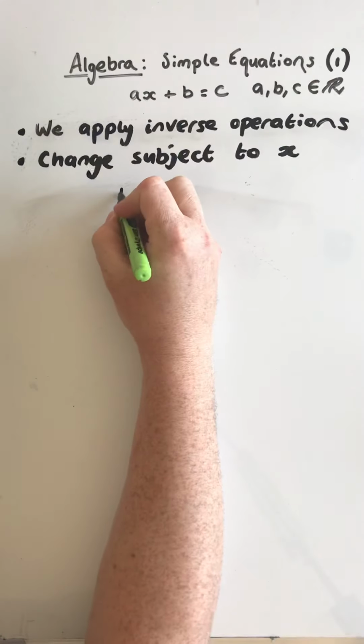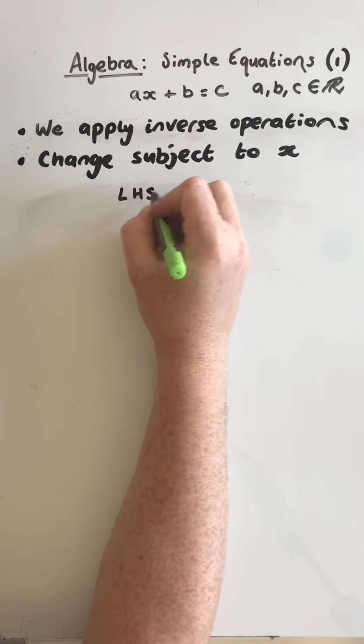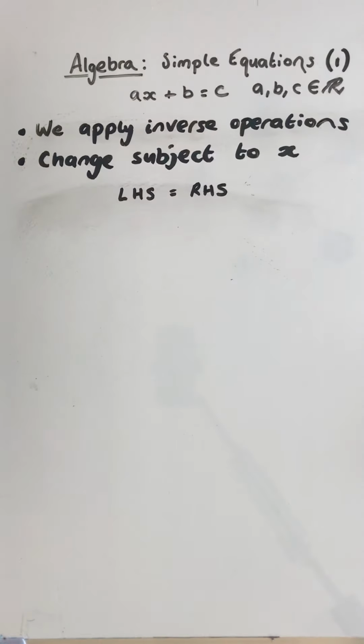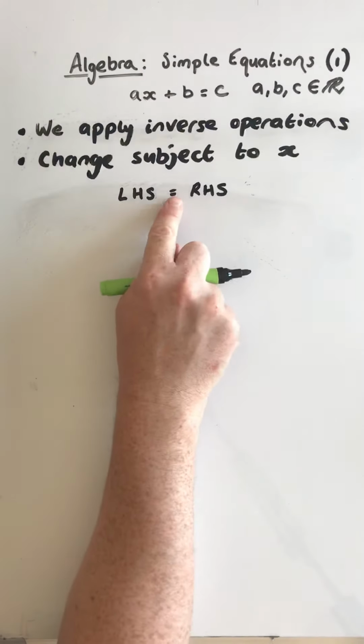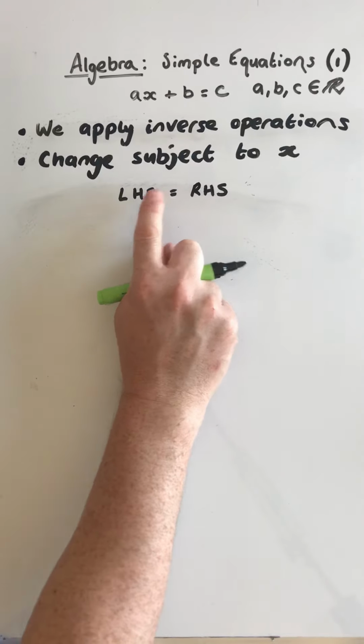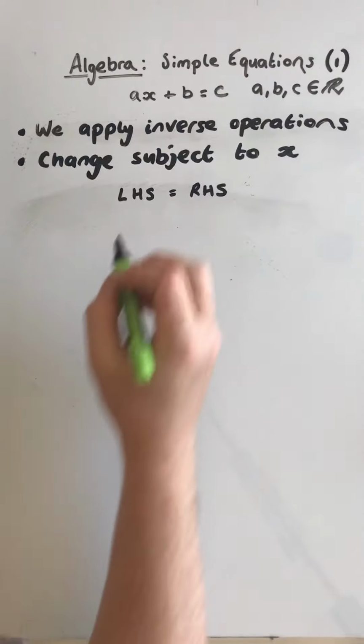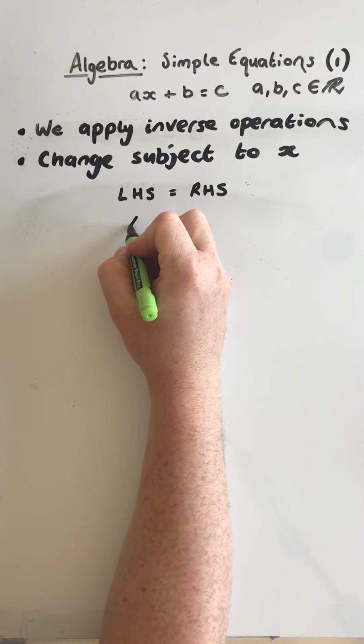If you have an equation, then an equation is such that you have an equal sign. The left hand side is equal to the right hand side. They are balanced.